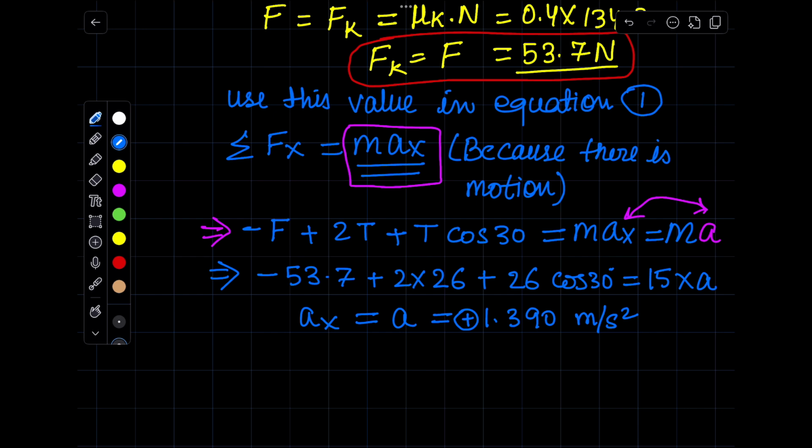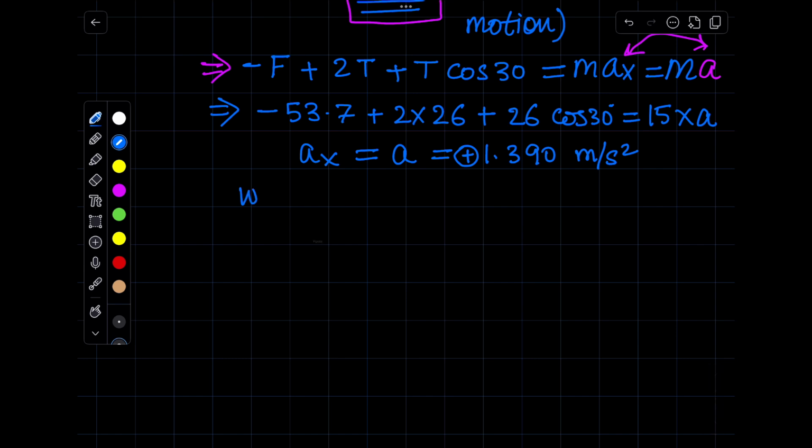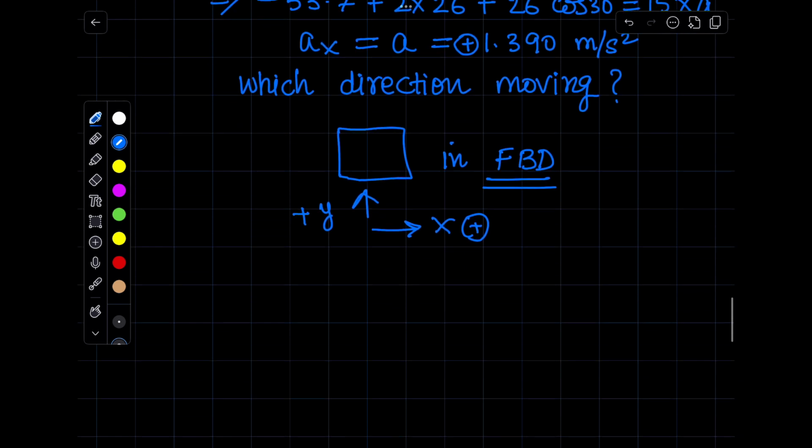What is important here is that the value for acceleration we got is plus. It means that the block is moving in the plus x direction. So you can go back to the free body diagram and see what our assumption for x was. Here x is in the positive, right direction. So it means this block will move to the right side, or plus x direction.